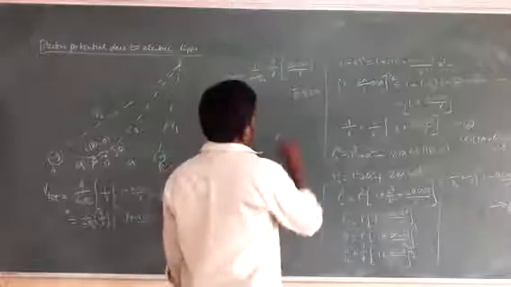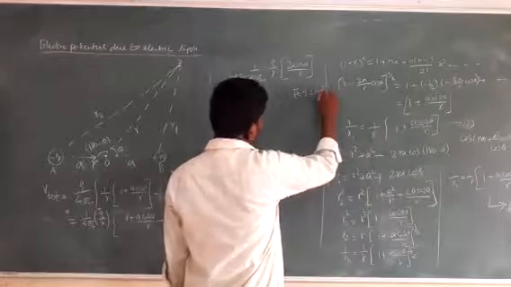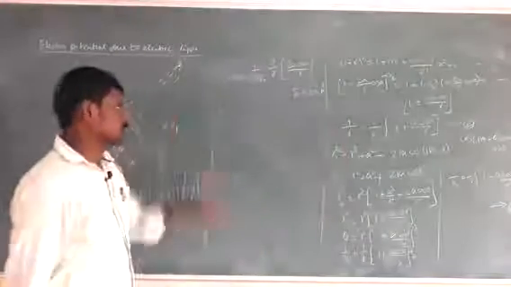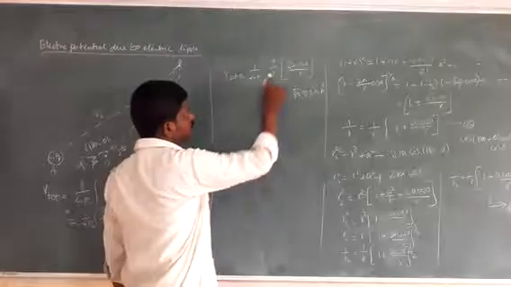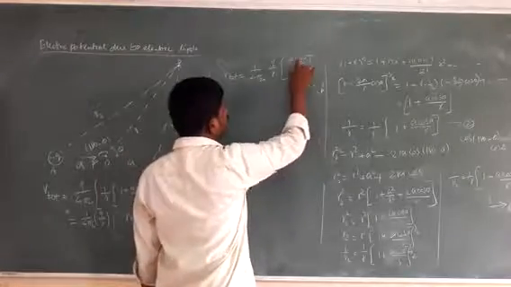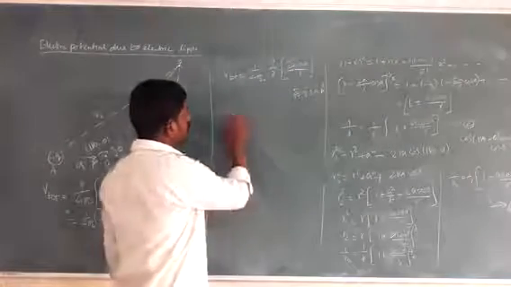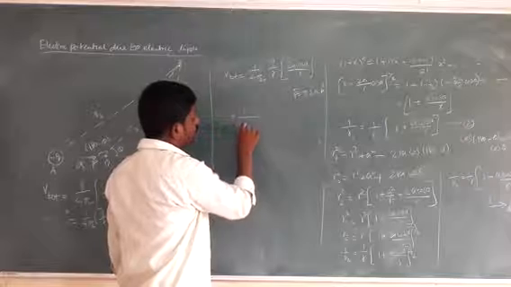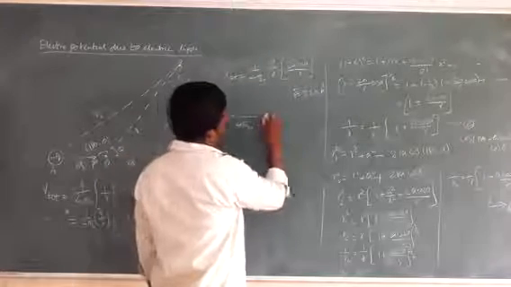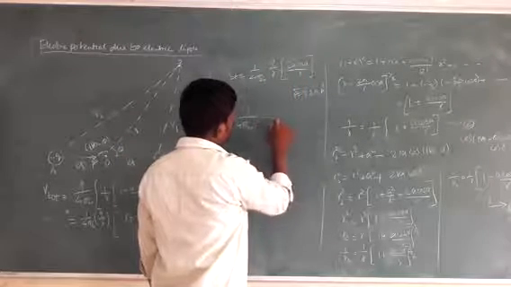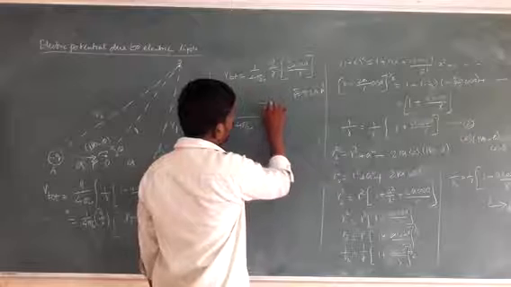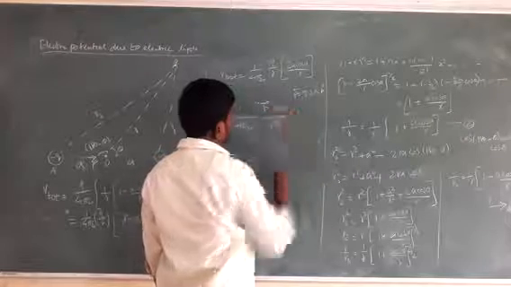So q into 2a, then p cap is the direction of the dipole moment vector. So we use p instead of q into 2a, that is equal to 1 by 4 pi epsilon naught into p vector cos theta by r squared.